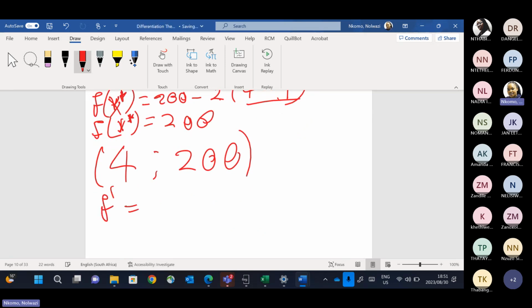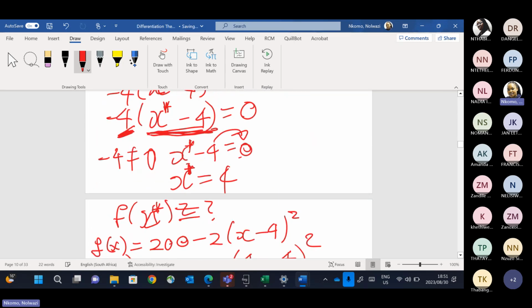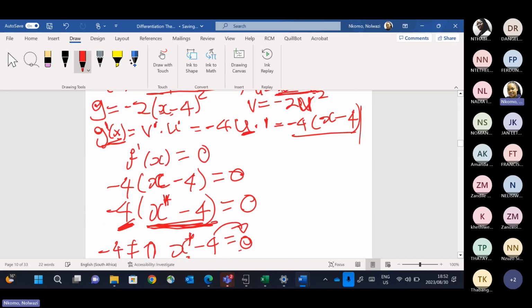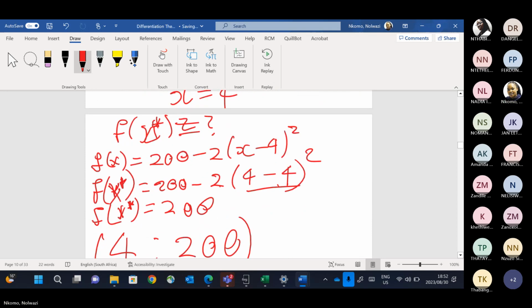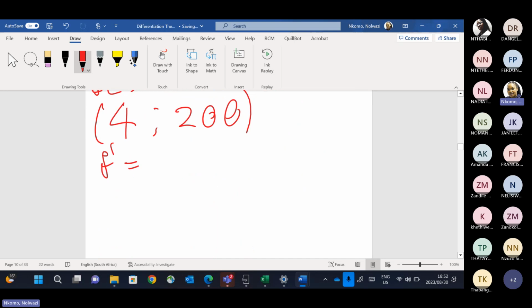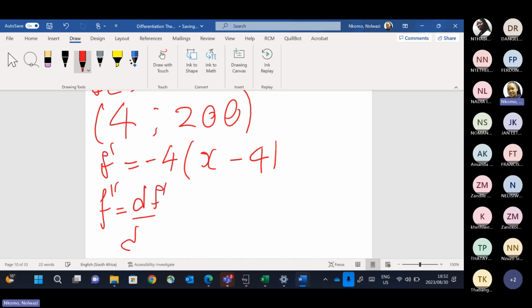Okay, we said our f prime is -4 into x minus 4. Okay, f prime is -4 into x minus 4. And we need to find f prime prime. To find f prime prime, we said we differentiate f prime with respect to x.